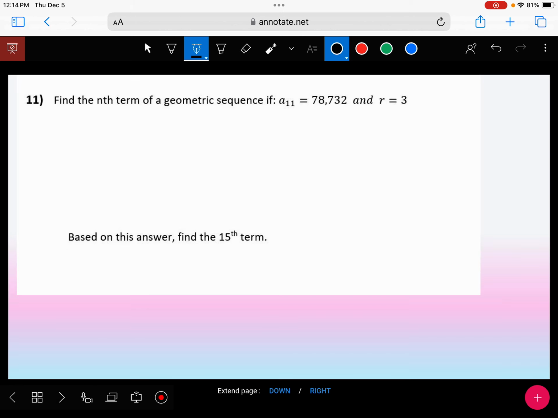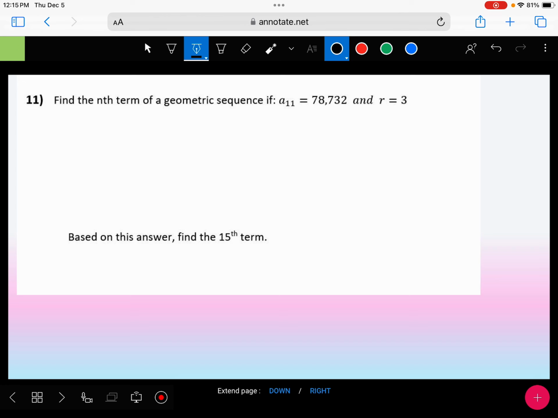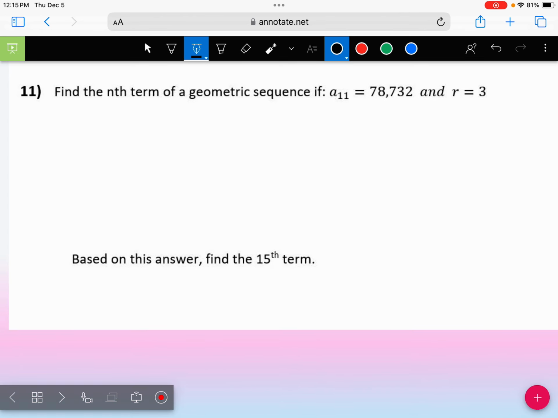Try to do 11 by yourself. So remember, when it says find the nth term, that means write the rule.